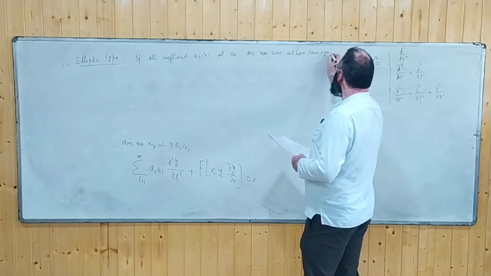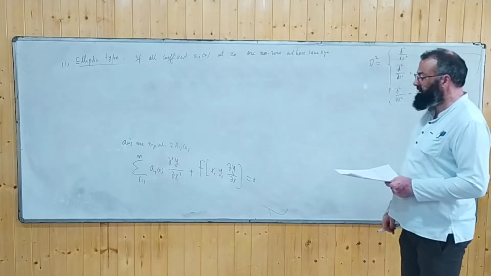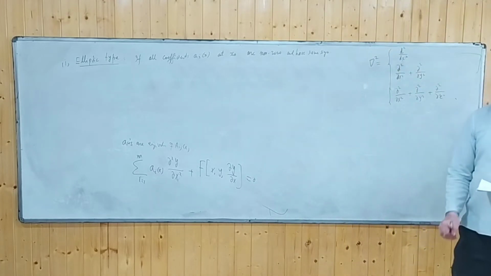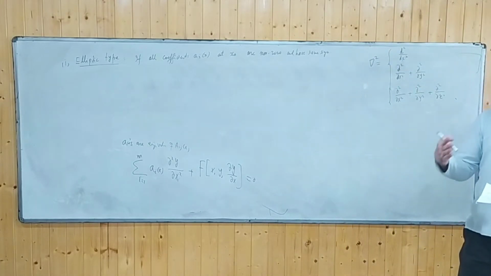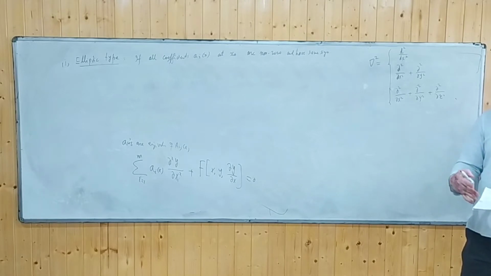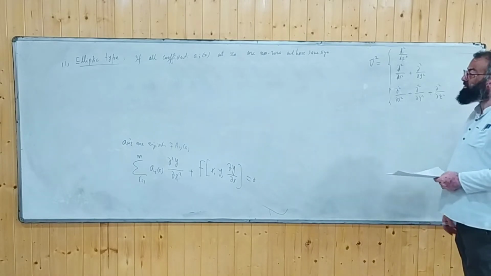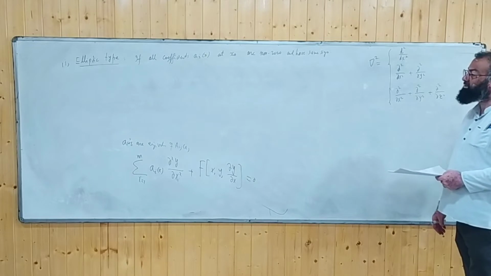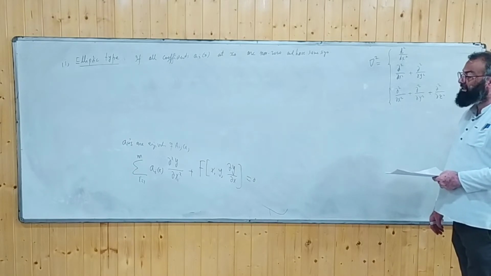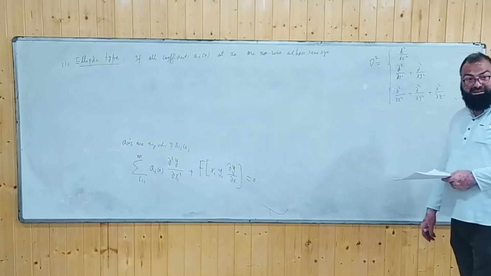So all these coefficients are having the same sign, that means whether they are positive, all will be positive, or negative, all will be negative. And they are non-zero at that point. So what type of equation do we call that? It's an elliptic type second order differential equation.